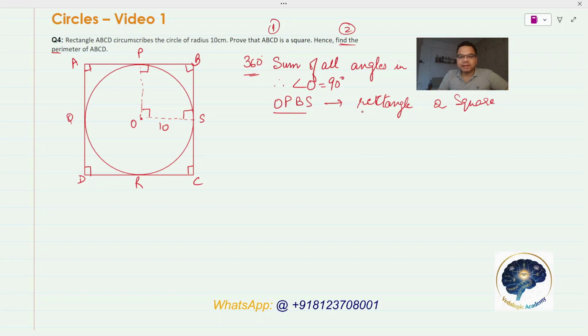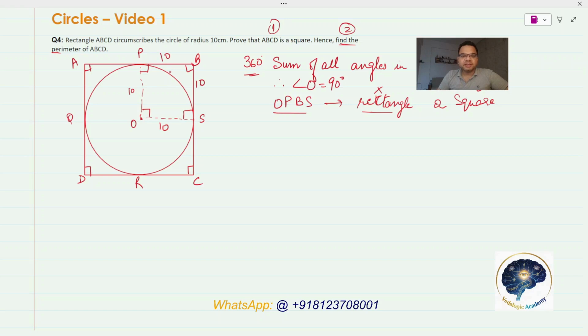If it is a rectangle, the consecutive or neighboring sides should be of different length. But if you see here, OP and OS both are radius, they cannot be different. So they are the same. So this is not a rectangle as such, but a square. So OPBS is a square. So if we are saying this is 10, all of these are 10, right?